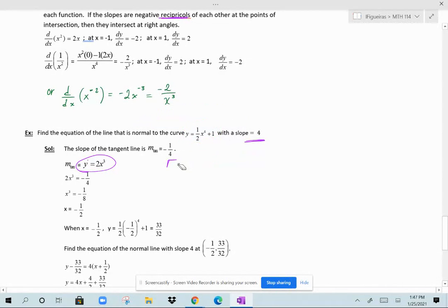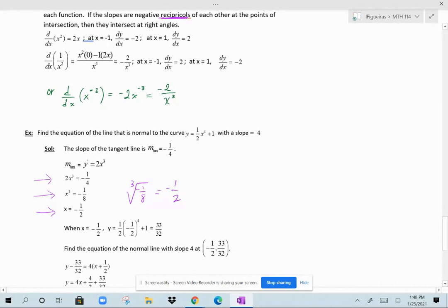Setting that equal to the slope of the tangent line, I get 2x cubed equals -1/4. Dividing both sides by 2, I get that x cubed is -1/8. Taking the cube root of both sides, the cube root of -1/8 is -1/2. So I get an answer of -1/2 for x.